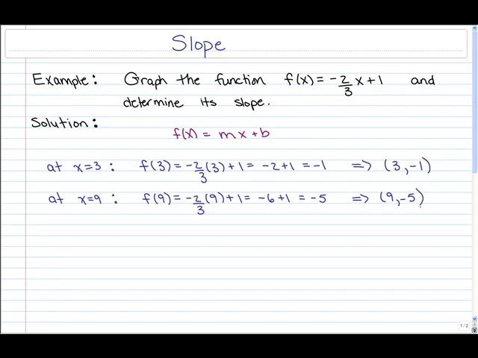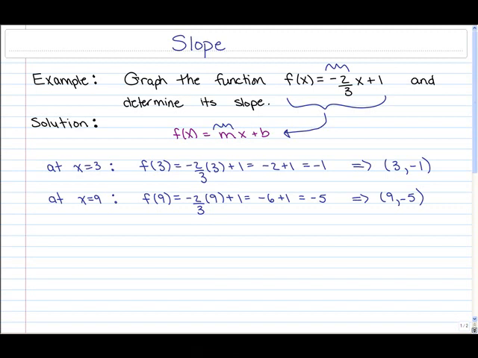So we have 2 points already. All we would have to do is plot those 2 points and connect them because we know our function here is in the form of a linear function. Now another thing to point out is that since we already know that this function is in the form of a linear function, then we also know that the negative 2/3 represents our slope here, and the positive 1 represents our y-intercept here.